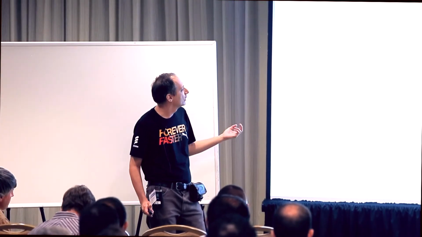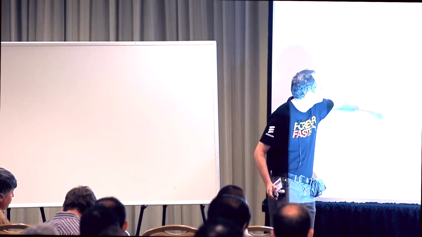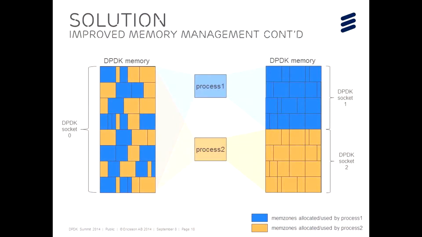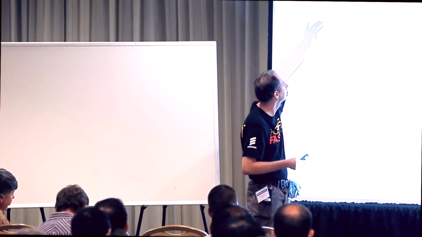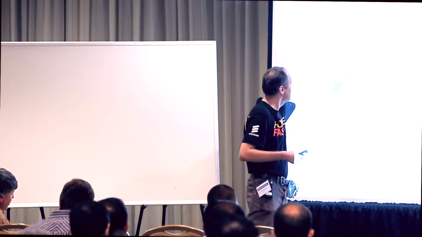When we start up two processes, mem zones, I think since DPDK 1.3, can be in a multiprocess environment. Certain processes can even create mem zones. So if you start up two processes at the same time, and they are on a lock contention, each of them will allocate their memory, so your memory gets quite fragmented.